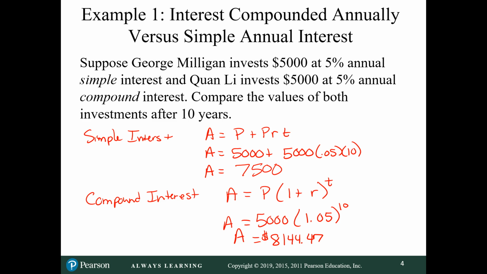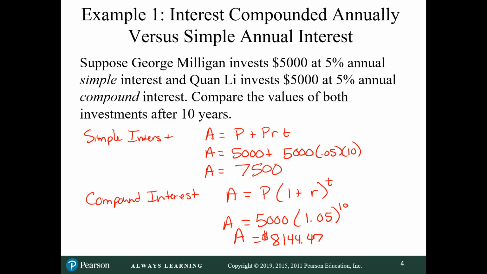So at the end of year one, which still makes a difference, okay? At the end of year one, when she calculates the interest, it's off the $5,250. This one still is off of the $5,000. So it gets $250 a year for 10 straight years.